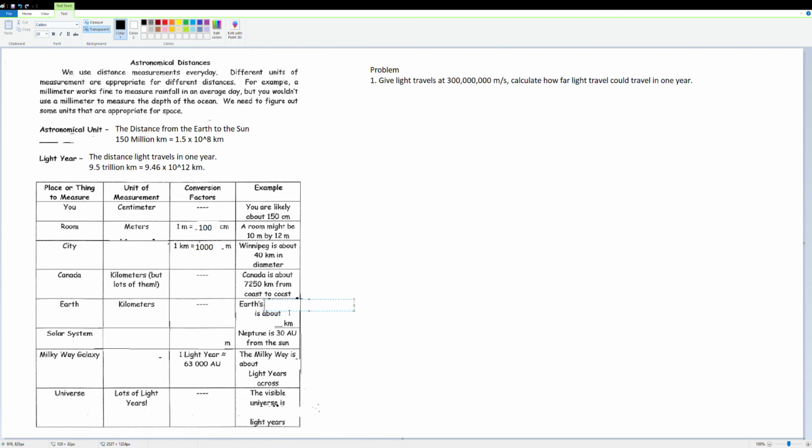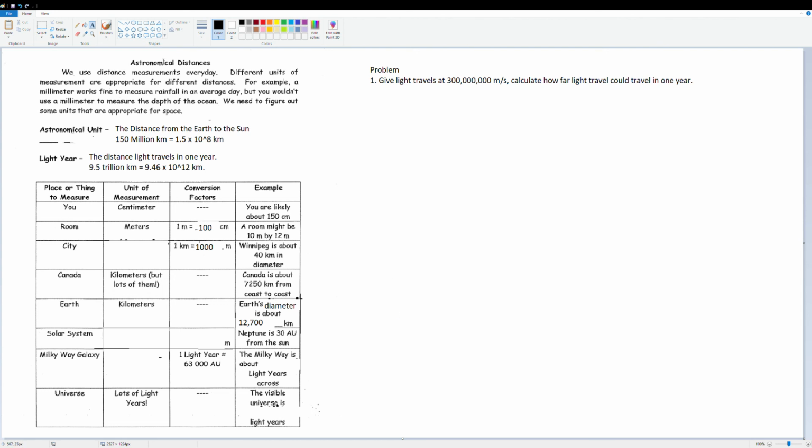Earth's diameter is about 12,700 kilometers, a fairly large number.